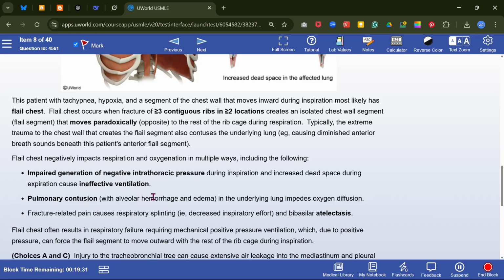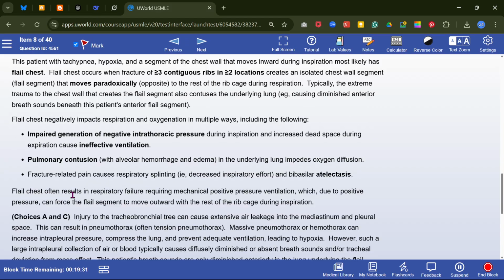There is impaired generation of negative intrathoracic pressure, and there is pulmonary contusion with alveolar hemorrhage and edema in the underlying lung, which impedes oxygen diffusion. Fracture-related pain causes respiratory splinting, decreased inspiratory effort, and bibasilar atelectasis.